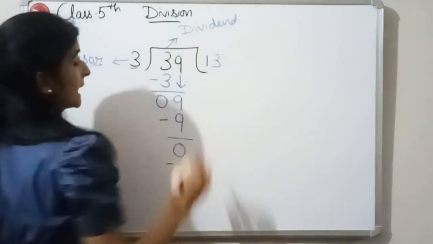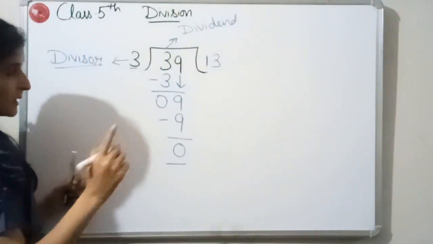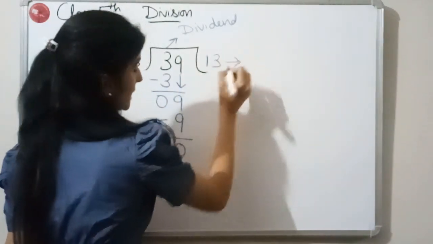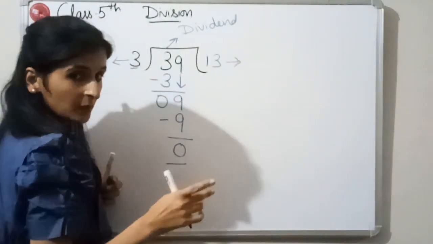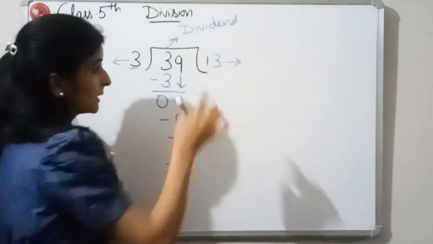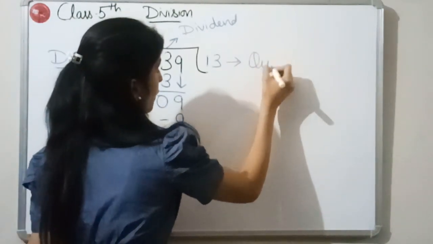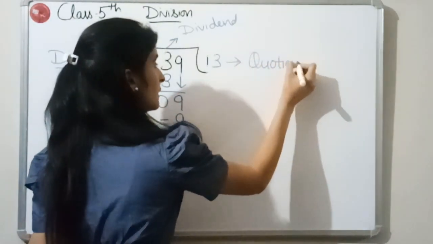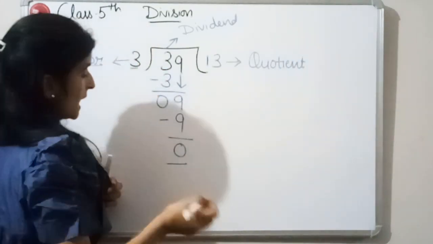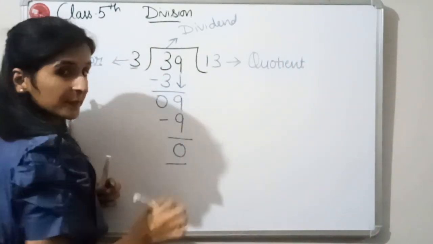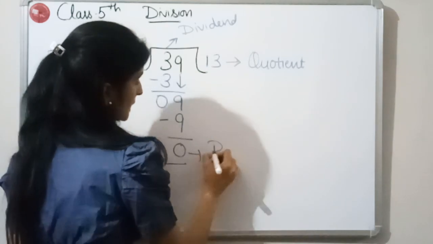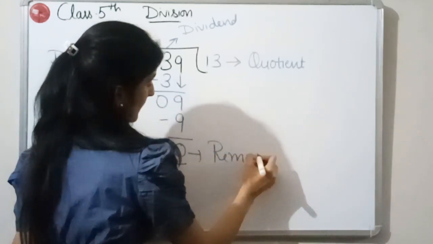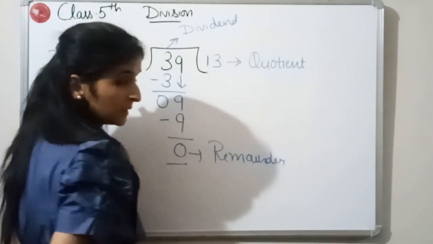So this 39 is the dividend. Now let's come to this 13. This is the answer which we have got after division, so this is the quotient. Clear? Now the number which is left after division is called remainder. So here 0 is the remainder.